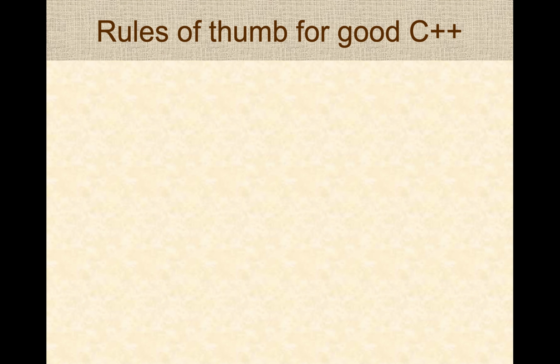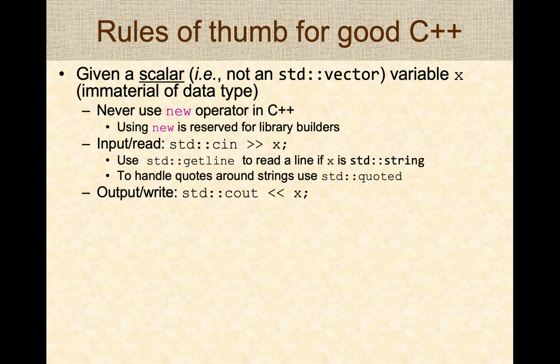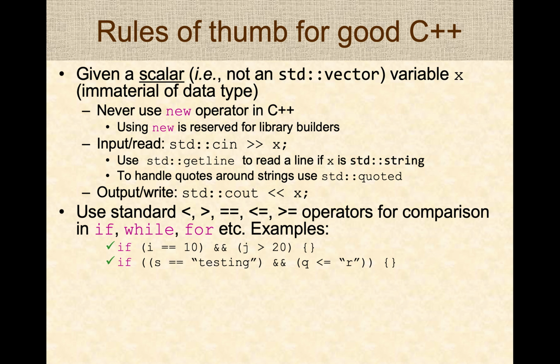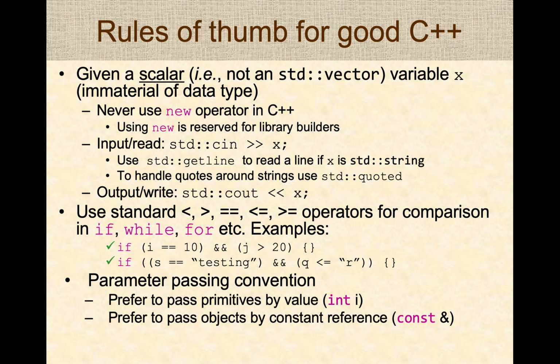All right, now that we looked at containers, let's quickly review the rules of thumb for good C++. Again, so far we never used the new operator, and you should never be using the new operator in modern C++ anymore. For reading, prefer the greater than, less than, just like we did with unordered maps and such. Keep all of your comparisons simple.